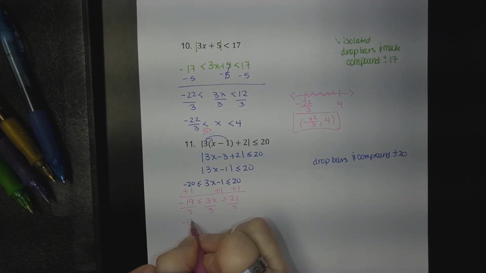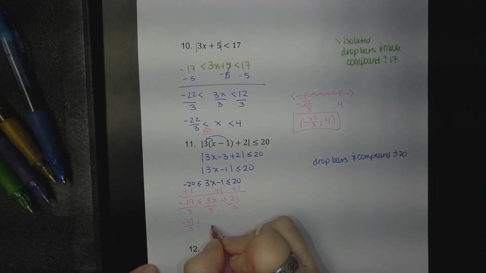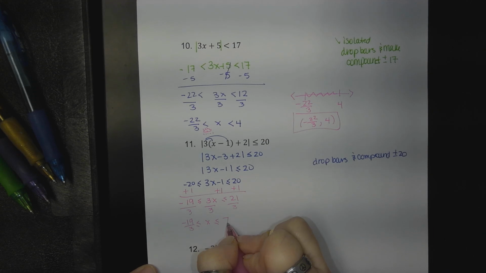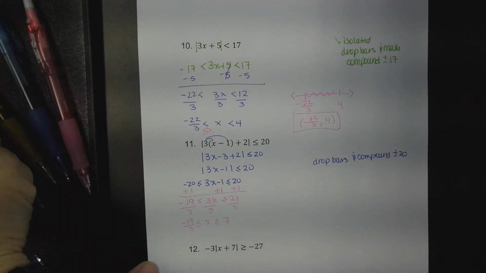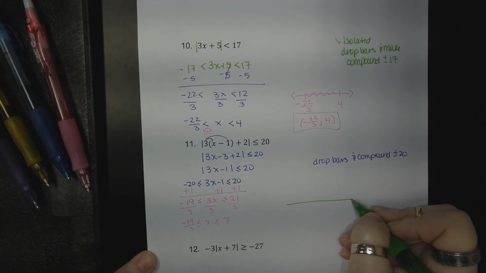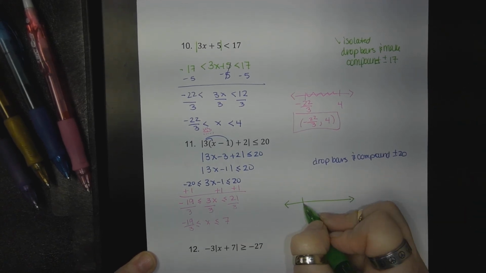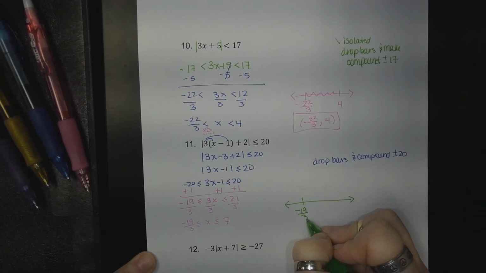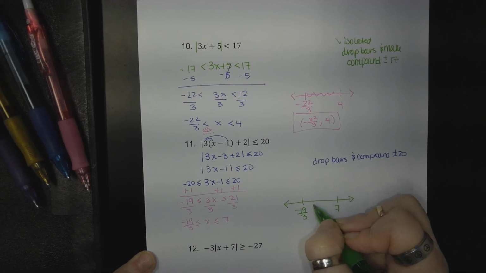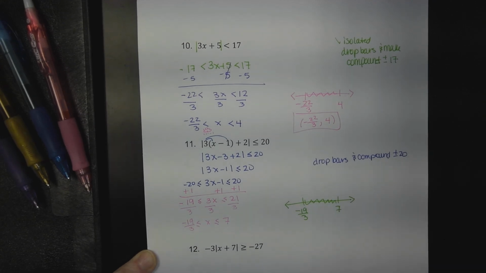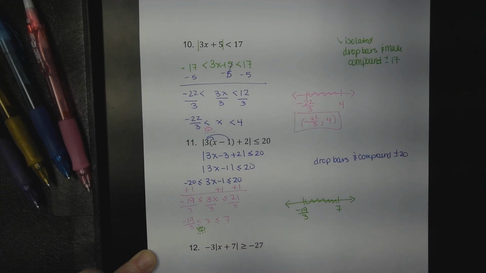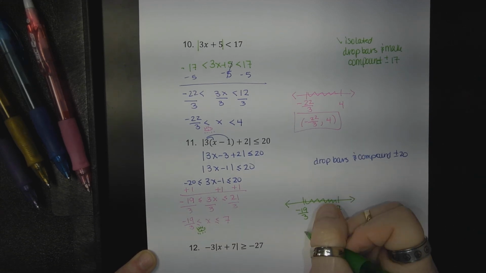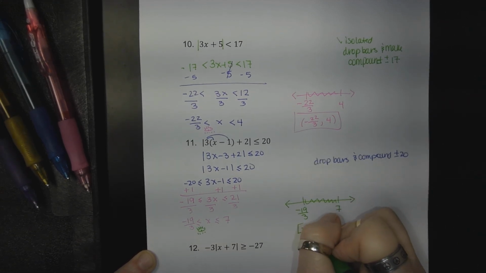So it's going to be negative 19 over 3 less than or equal to x less than or equal to 7. Okay, now we put that on the number line. We look at our sign, copied and pasted, so we only have to look at 1. And it's a bracket, sure enough.